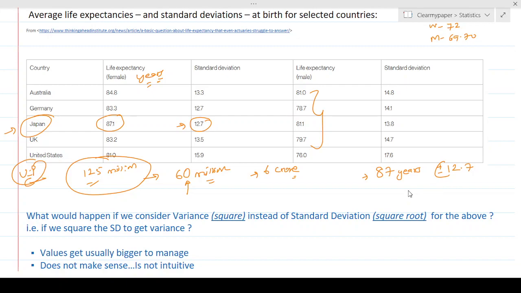For example, either this number can be short by 12.7 years, or it could be bigger than 12.7 years. So if you just take 12 for the sake of mathematics, standard deviation is plus or minus 12.